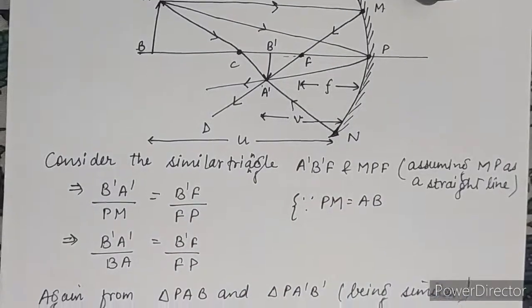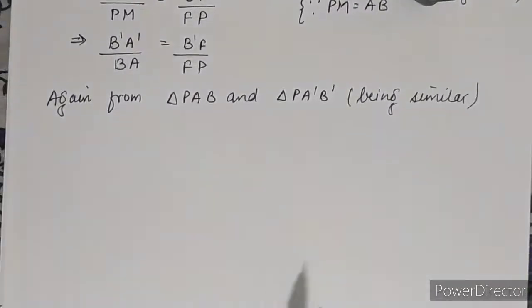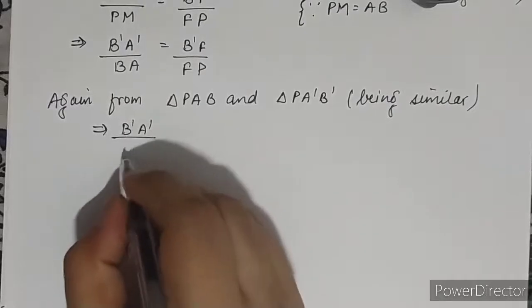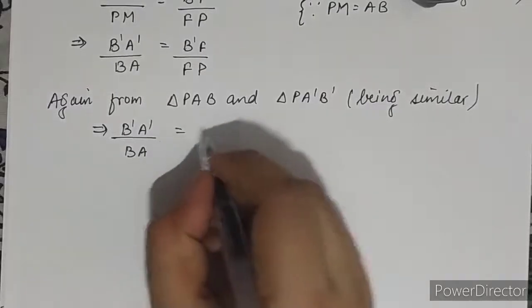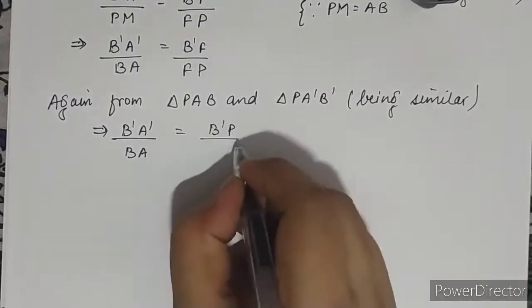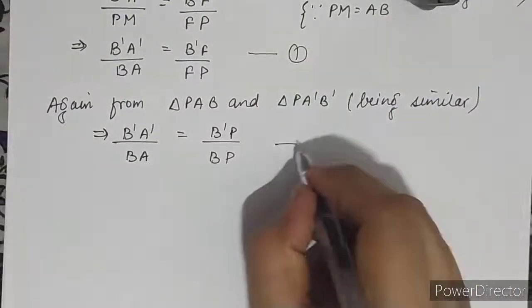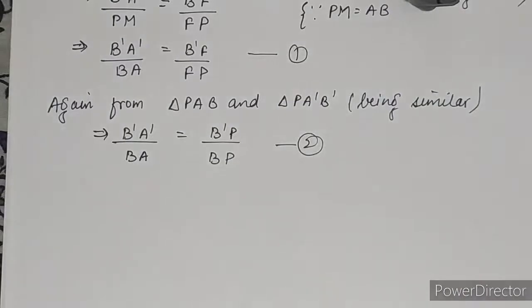Okay, clear? So the ratios I am taking out, that is B'A' is equal to BA and B'P is equal to BP. Suppose this one is your equation number 1 and this one is your equation number 2. Clear, beta? Get my point?